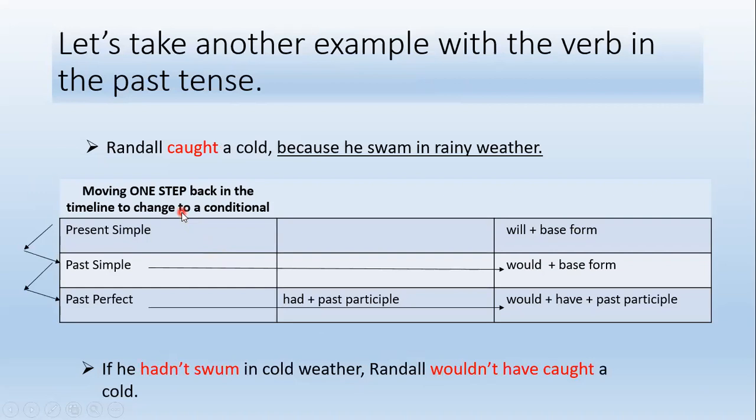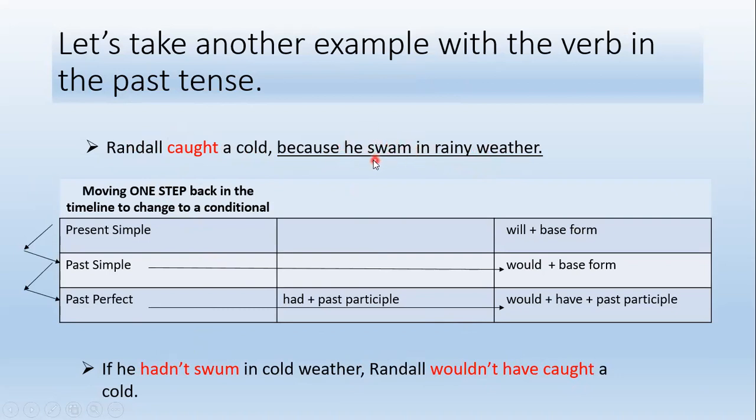All right, so another example, Randall caught a cold because he swam in rainy weather. Okay, so caught is past simple. We say would or wouldn't have caught. Again, Randall caught a cold because he swam in rainy weather. What's the first step? We underline the cause. He swam in rainy weather. What's the main verb in the cause? Verb swim.